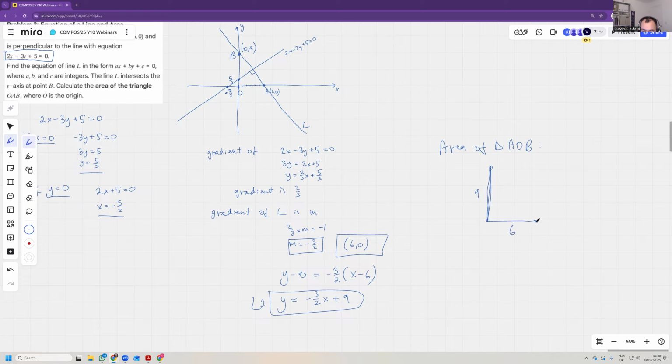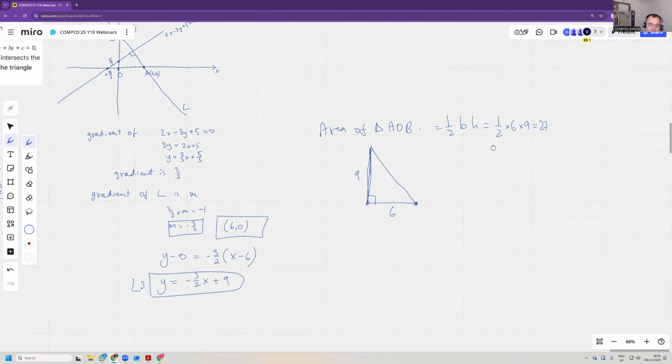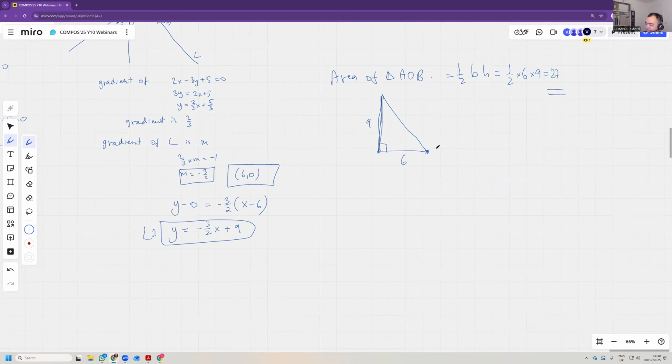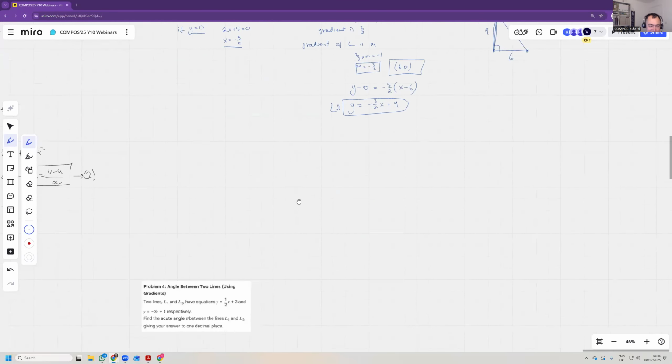We know that this side is 6. And we know that the area is 1/2 base times height. So 1/2 multiplied by 6 multiplied by 9, which is 27. That's it. That's the answer. Okay, hope that makes sense. And let's move on.